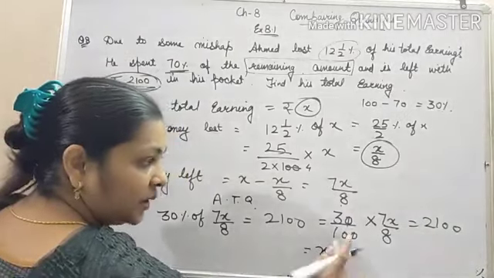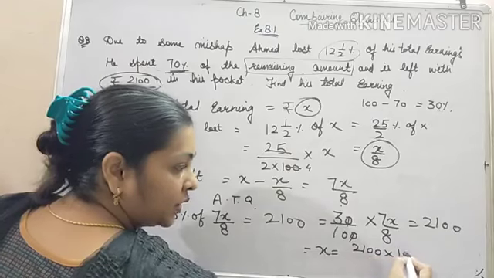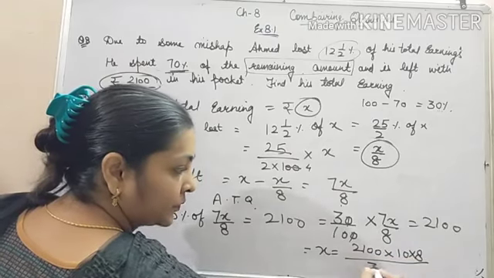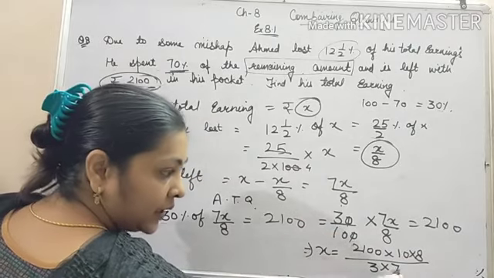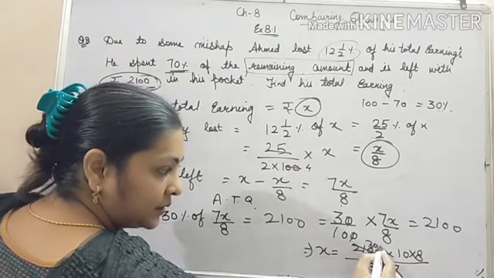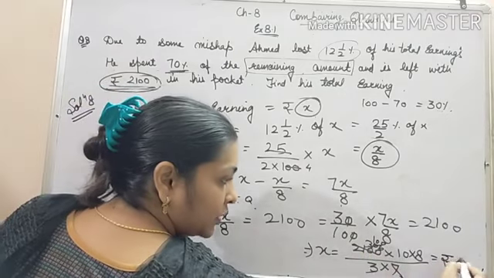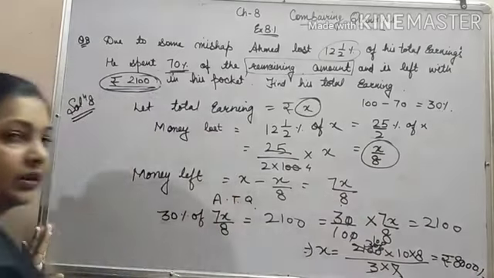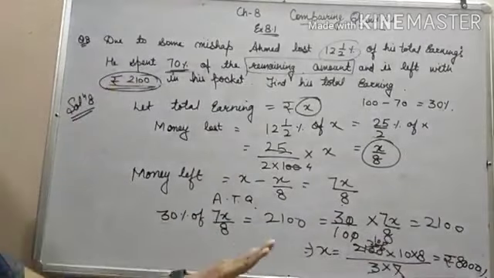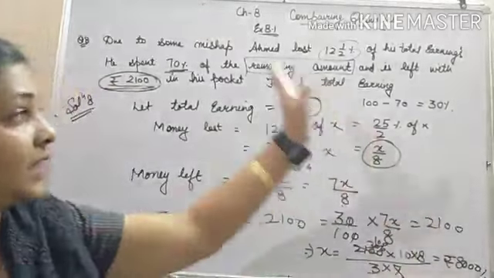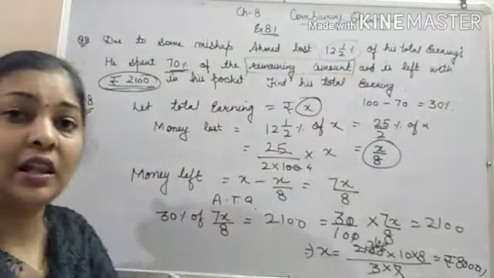The terms which are in multiplication will go in division and which are in division will go in multiplication. Only the variable will be left over here. Cancel it. The amount is rupees 8000. So he was having 8000 rupees in the starting, or 8000 was his total earning.